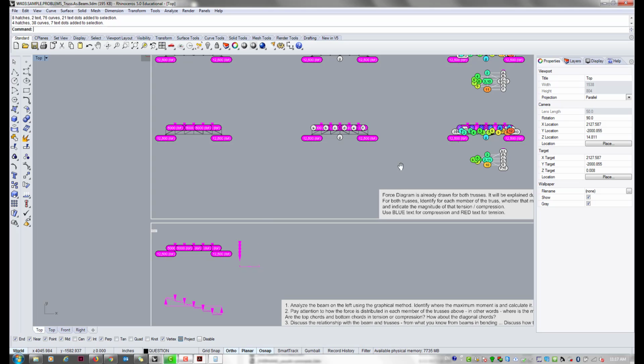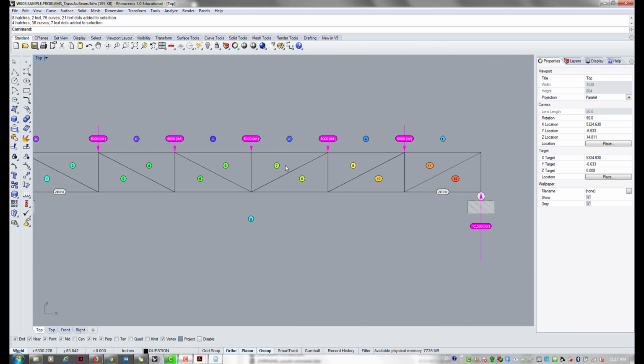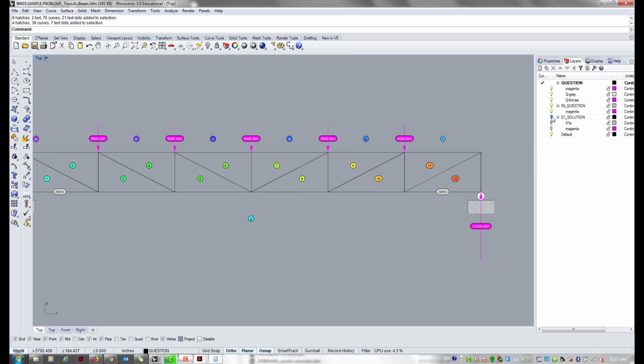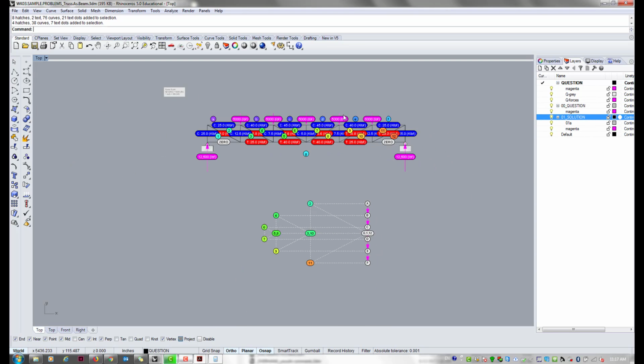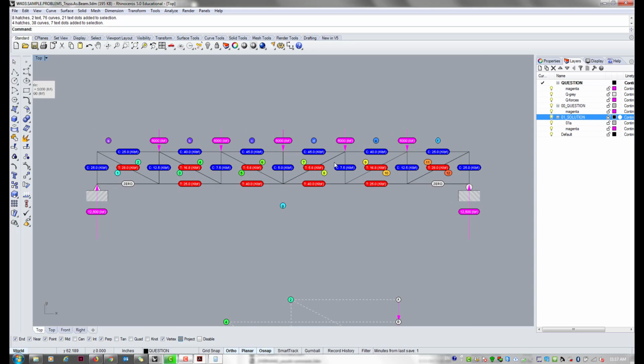But what I really want to demonstrate here is that, like I said in the first class, if you analyze everything, you're going to see this kind of pattern: all the top chords are going to be in compression, and the compression at the top chord is maximum in the middle, and it gets smaller as you go to the side. Same thing with the tension at the bottom chord.